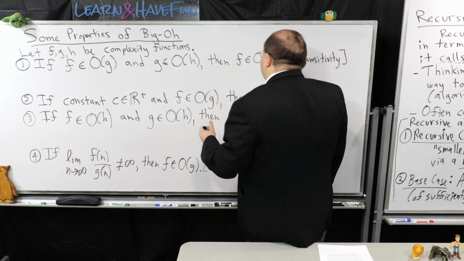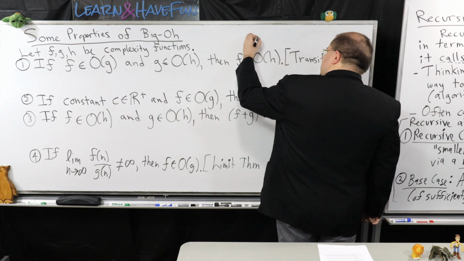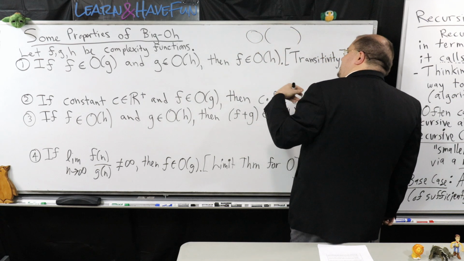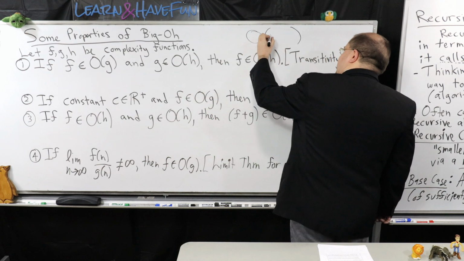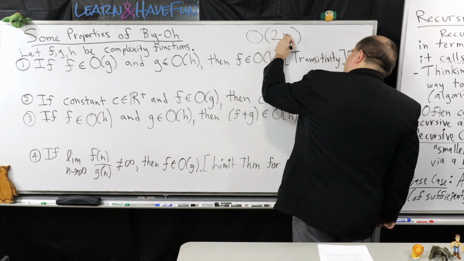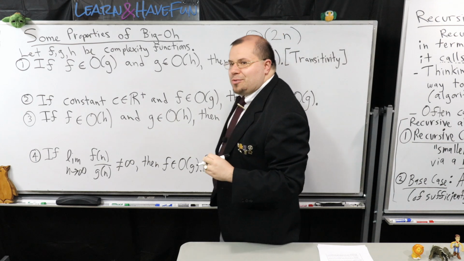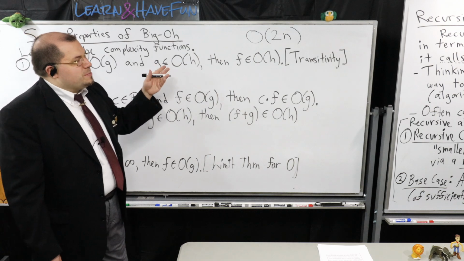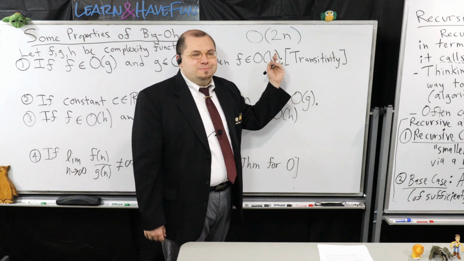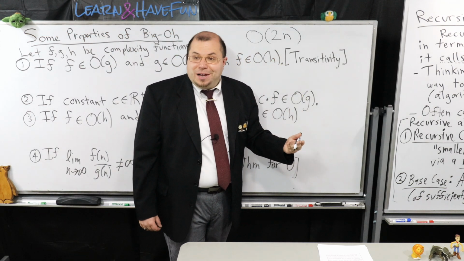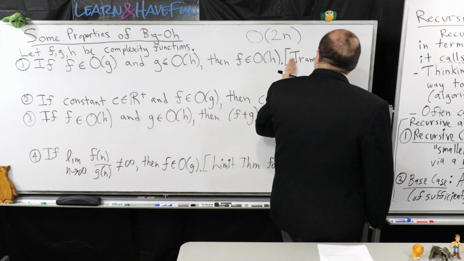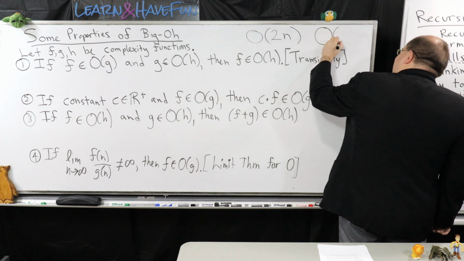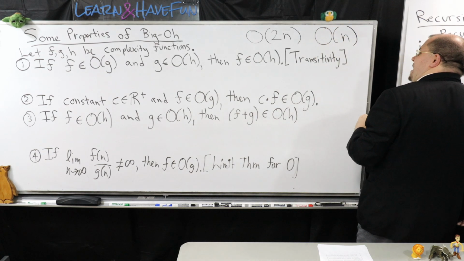For example, if you're trying to express a big O, and say you said it's big O of 2n, as we know, constant multiplicative factors like this are redundant in terms of big O. So very often, a much cleaner way of writing it is just to write big O of n instead.